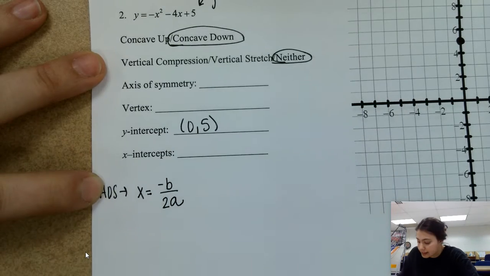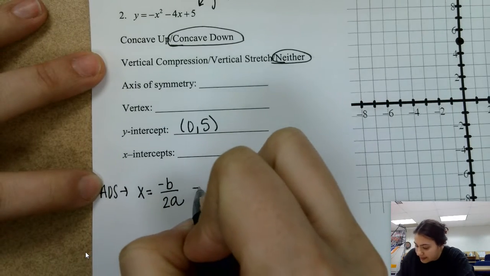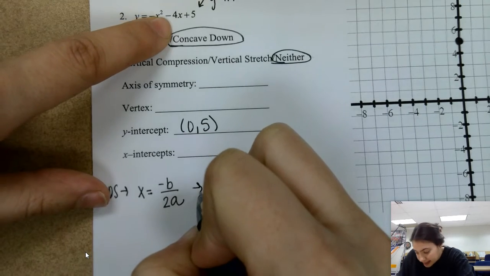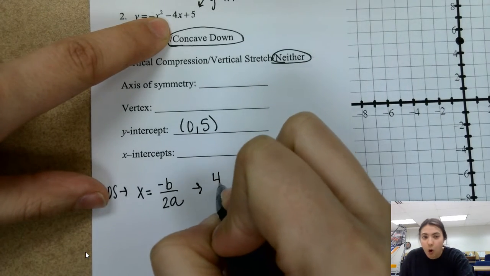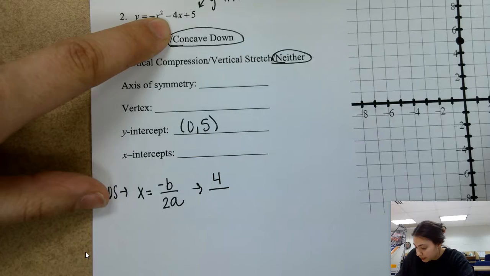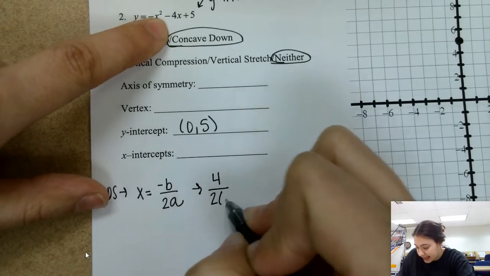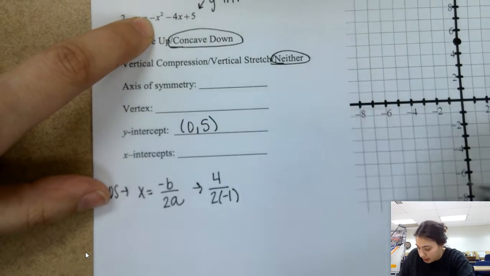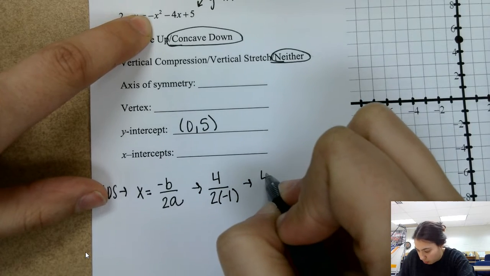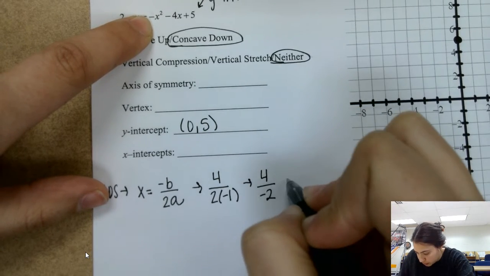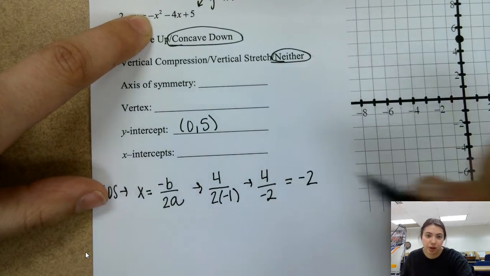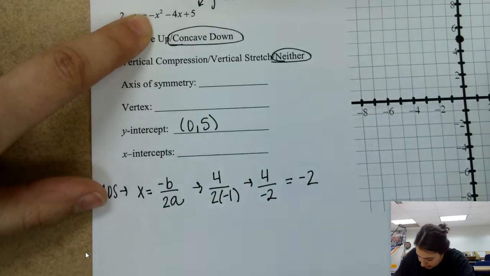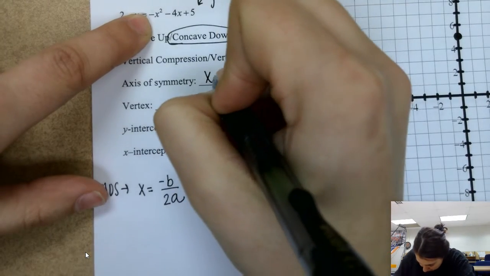So in this case, the opposite of b is positive 4 over 2 times a, which is negative 1. So therefore, our axis of symmetry is 4 over negative 2, which reduces down to negative 2. So our axis of symmetry is the equation of the line x equals negative 2.